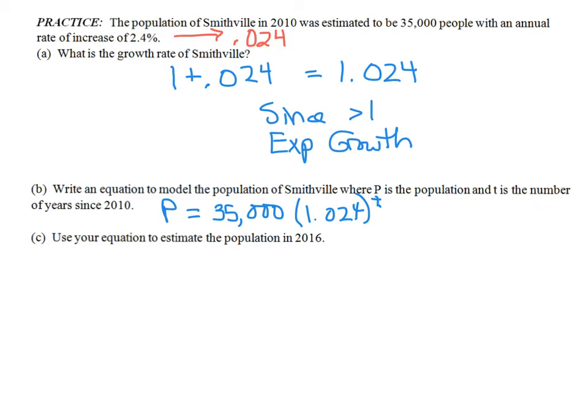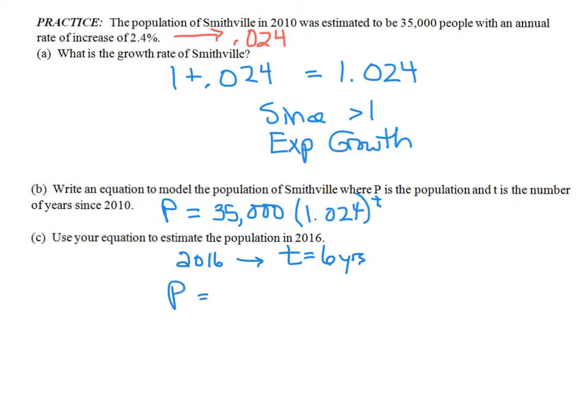So if I want to use this equation to estimate the population in 2016, remember that my beginning year for this problem was 2010. So that tells me that 2016 just means that the amount of time that has passed by is 6 years. So I'm going to use t equals 6.